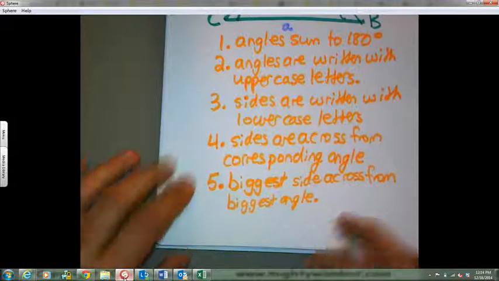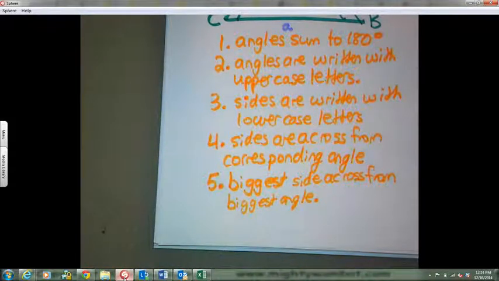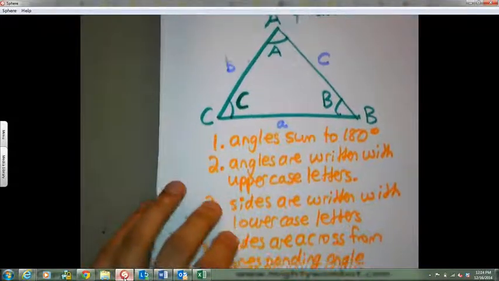Before we go on, let me see if there are any questions on this. Nope. Okay. So the law of sines and law of cosines are really helpful because not all triangles in the real world are right angles.